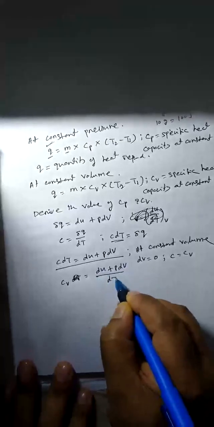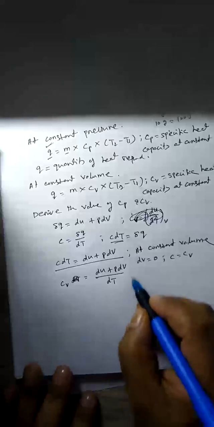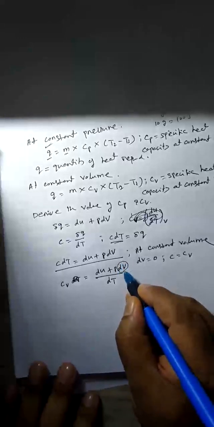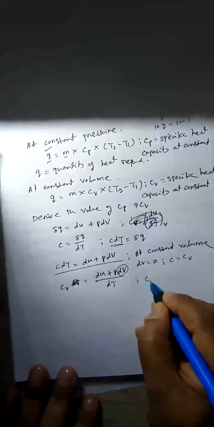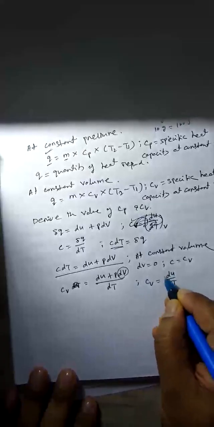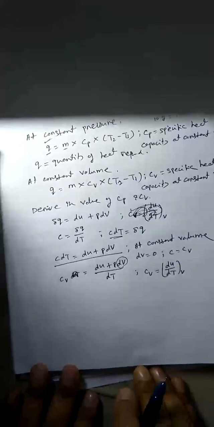I take this dT to the denominator. At constant volume dV is equal to 0, so this will be 0; 0 into something is 0. Then what we get? Now Cv is equal to dU by dT at constant volume. In this way also you can derive.